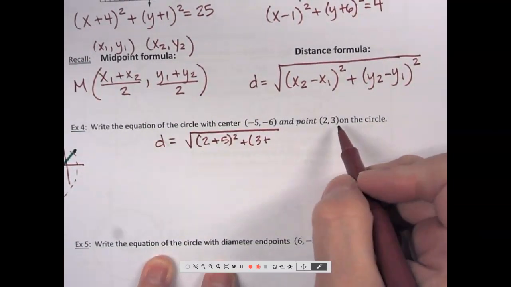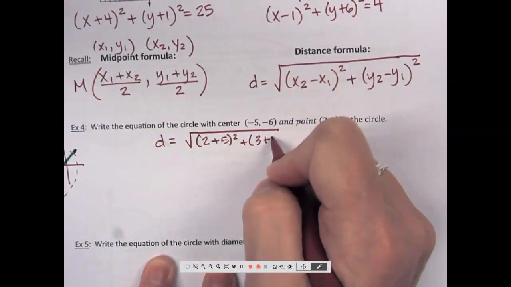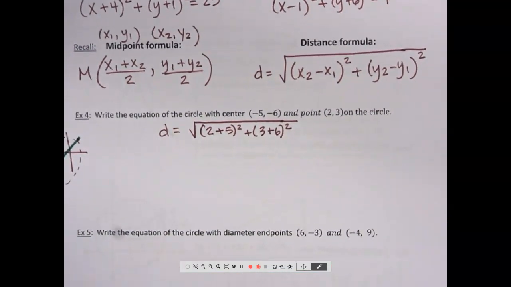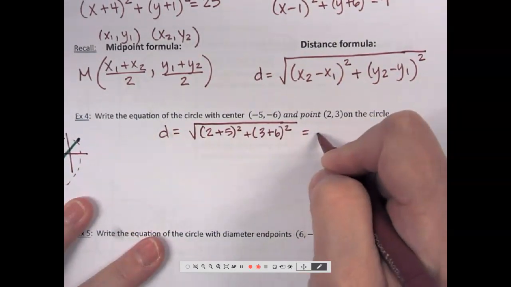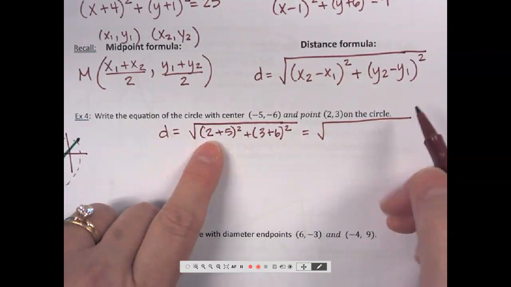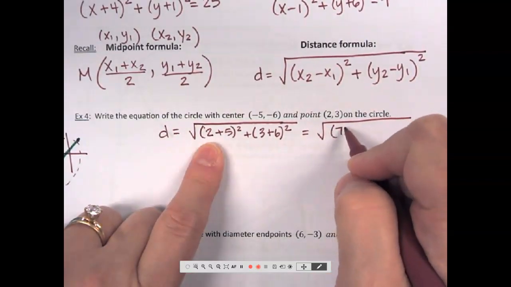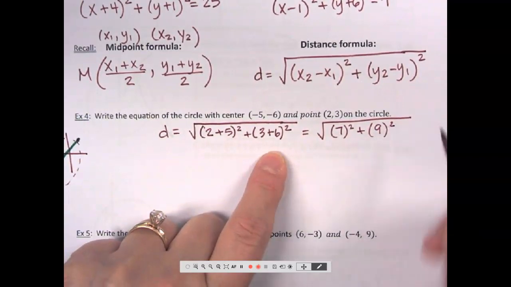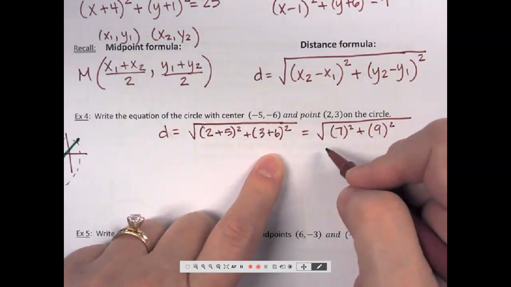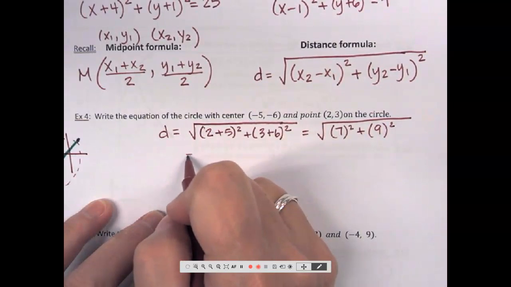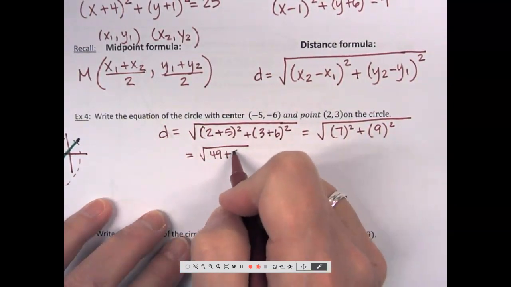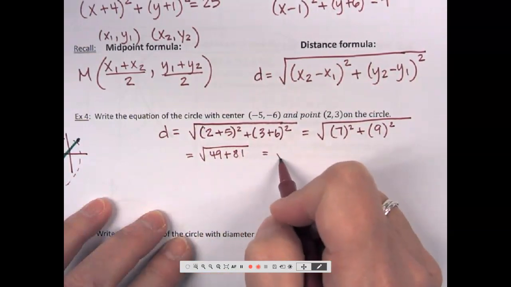Hope you feel better. All right, so 3 minus negative 6 becomes 3 plus 6 squared. Okay, let's keep going. Y'all stop me if you have a question. 7 squared, 9 squared. Okay, so 7 squared is 49. 9 squared is 81.